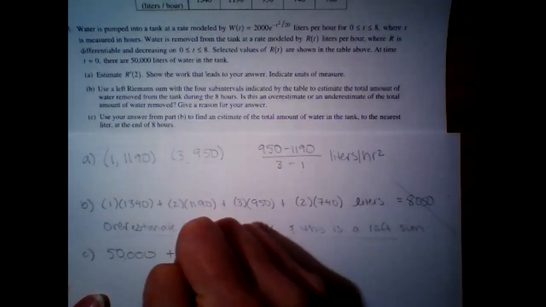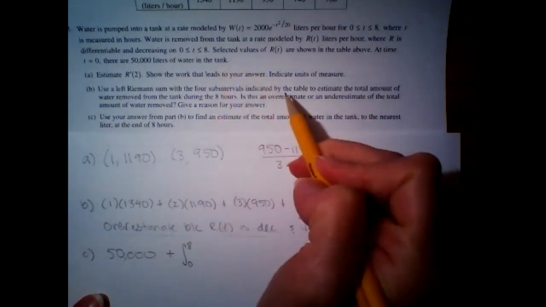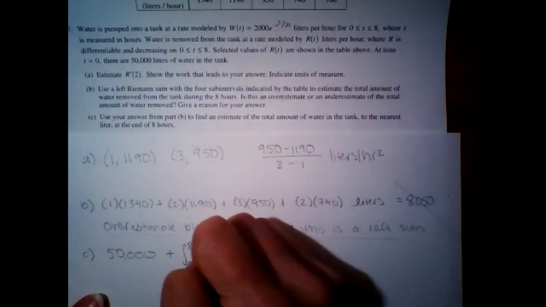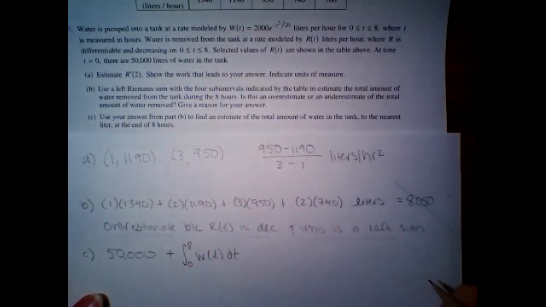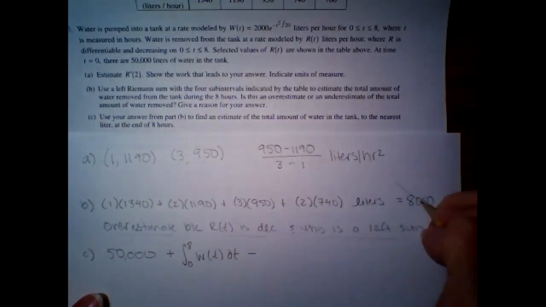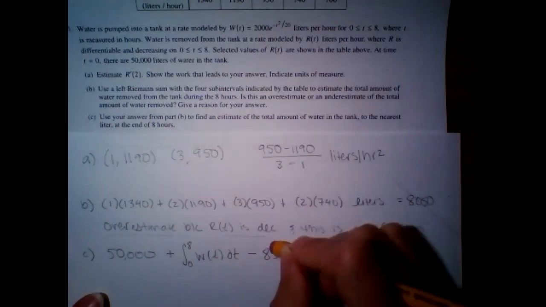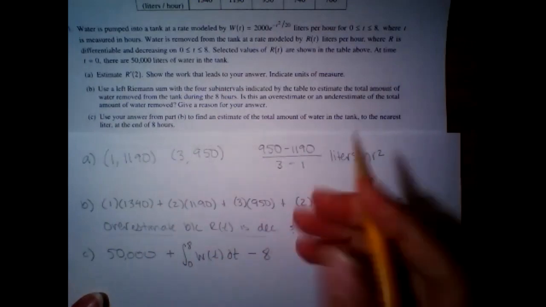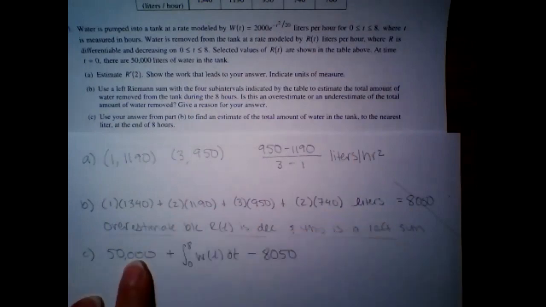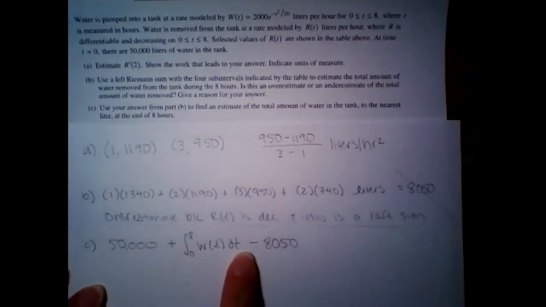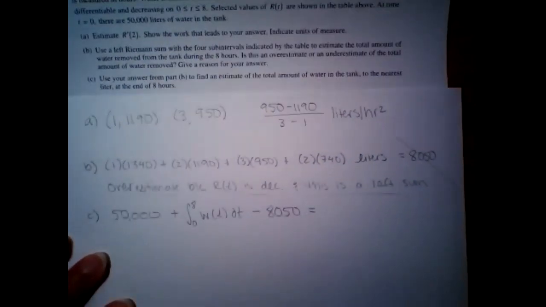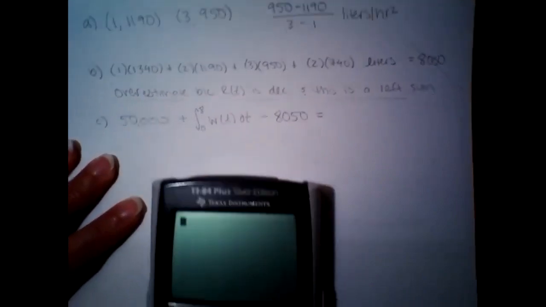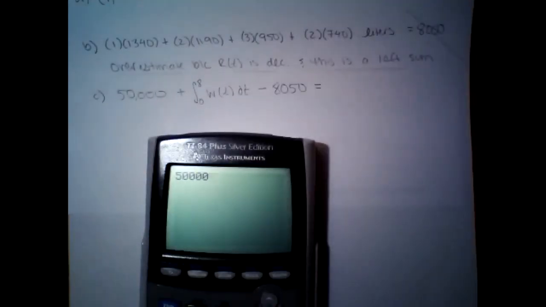So from 0 to 8 hours, we're going to accumulate water using this W of t function here. That's water in. And then we're going to subtract the water that came out over those 8 hours, which we just found the estimate of, that was 8,050. So it's what you started with plus how much went in minus how much went out. And it said we can round to the nearest whole number. So typing this in, we've got 50,000 plus math 9 integral 0 to 8, and then I've got to type that really awful function.